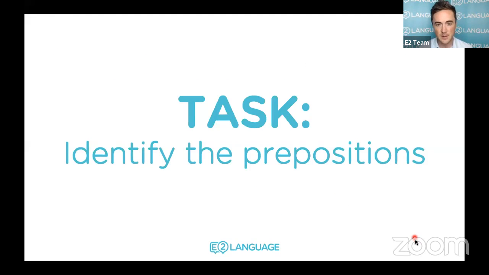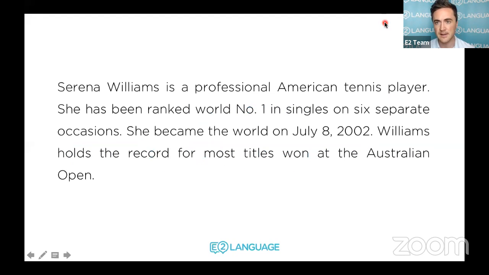So first thing I want you to do is identify them. I'm going to show you a text. I want you to write down the prepositions and count how many you see. Okay, here it is. I'll give you 1 minute. Cool.